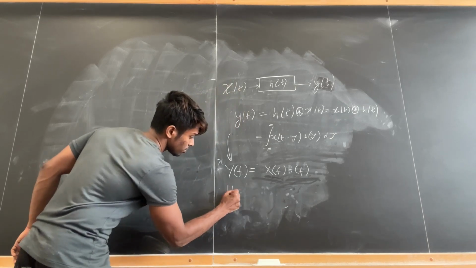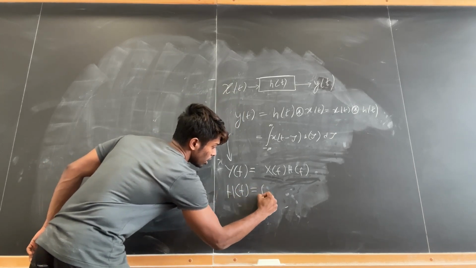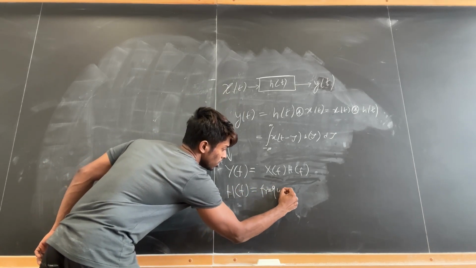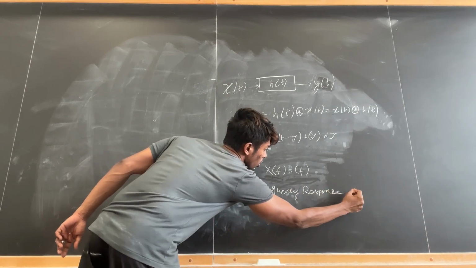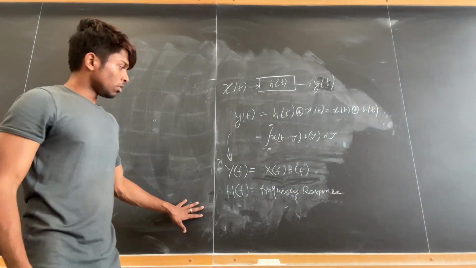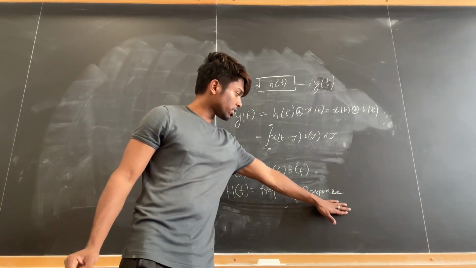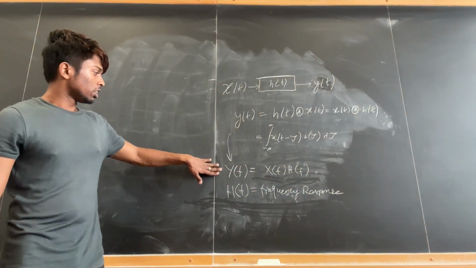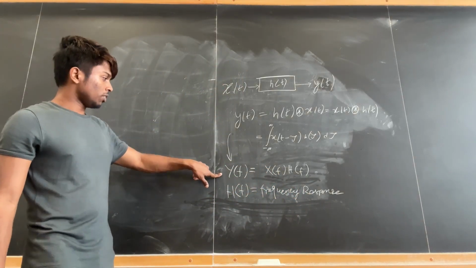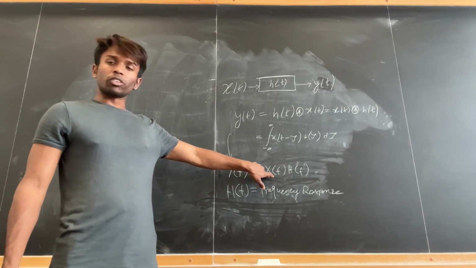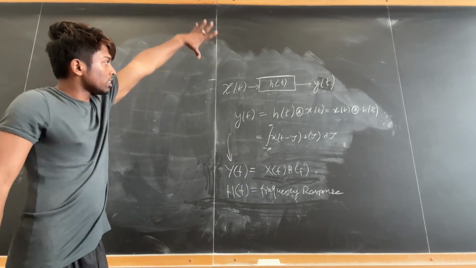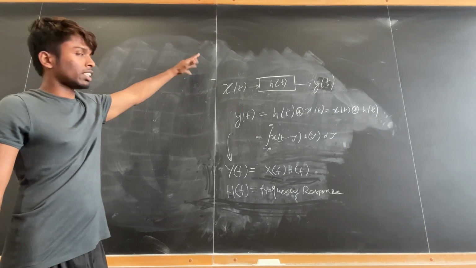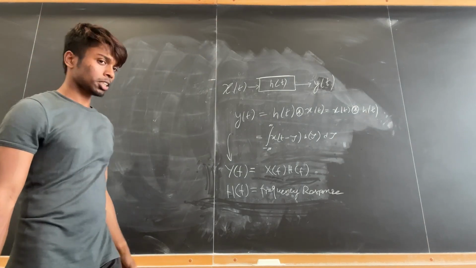So H(f) is the frequency response of the system. Knowing the frequency response of the system, we can easily compute the spectrum of the output when we know the spectrum of the input. So that is an easy calculation. And so this is how impulse response of the system can be utilized.